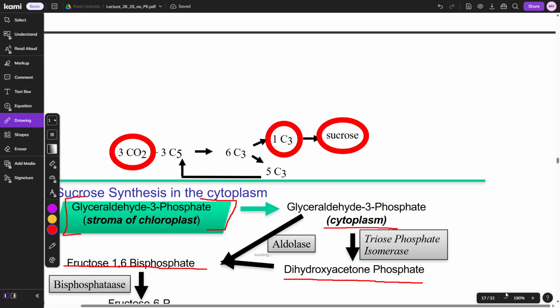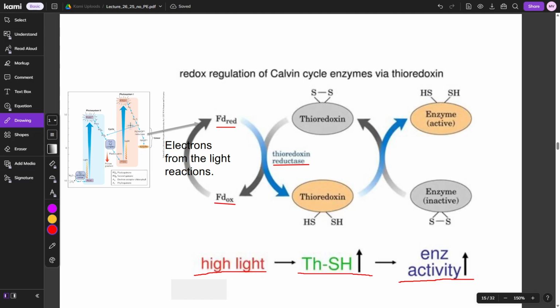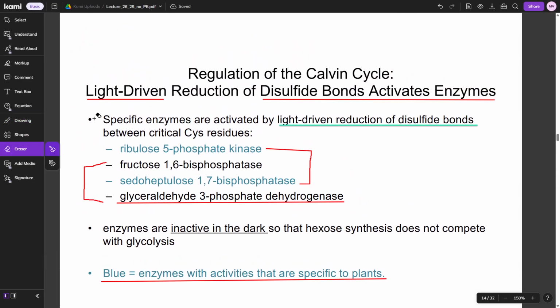And the last, here's the thioredoxin pathway, if you were curious what it does. It's basically electrons from the ferredoxin reduce thioredoxin, and the thioredoxin activates some of the enzymes. And here are the enzymes that are activated by reduction by thioredoxin.